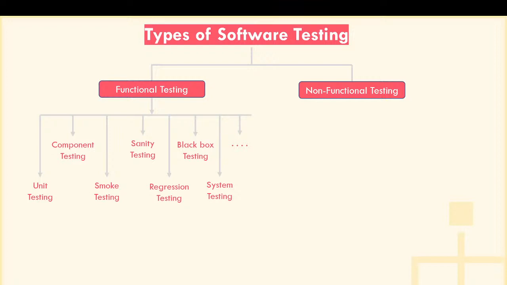Now you know there is a login screen, one feature of your software. For some users it works fine, but when the load increases, when many users are coming online and trying to log in, does your software work as it is? You need to test that also. That comes under non-functional testing.